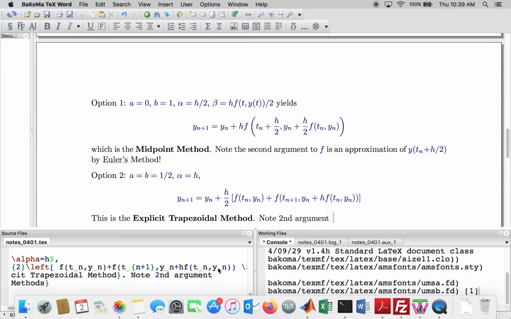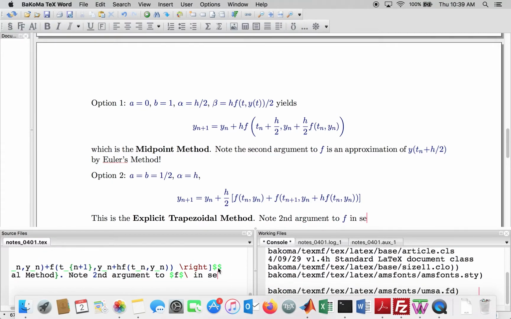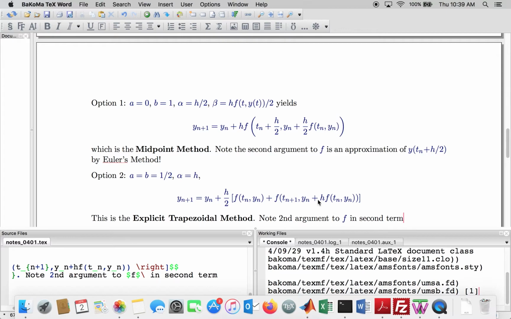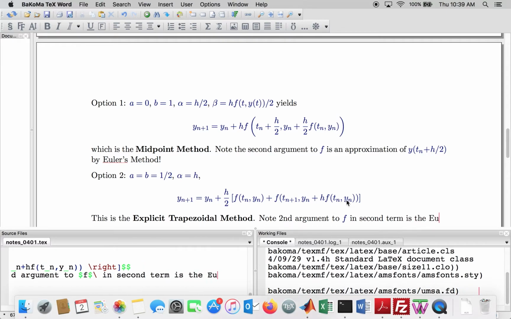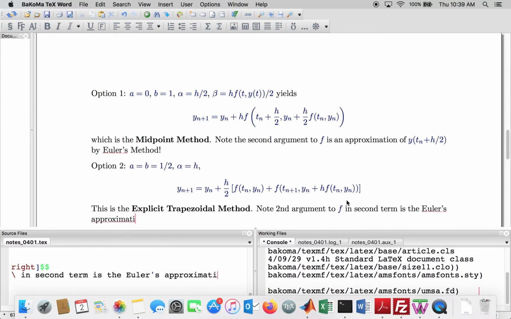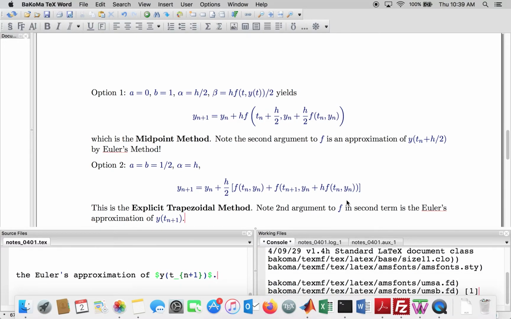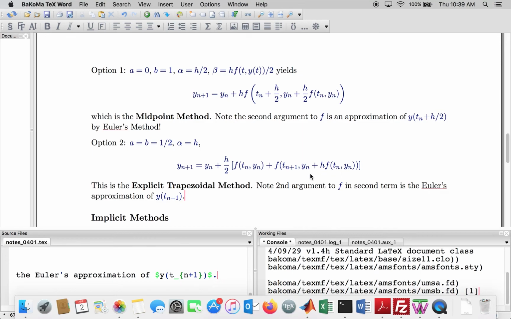And once again, the second argument to f in the second term is the Euler's approximation of y of tn plus 1. So we're evaluating f at tn and tn plus 1, the endpoints of our time interval, instead of a midpoint like in here.